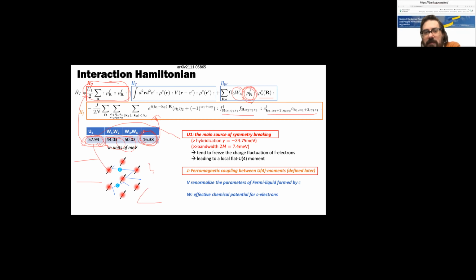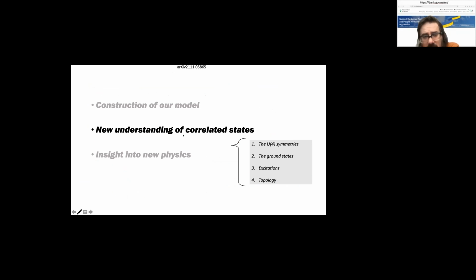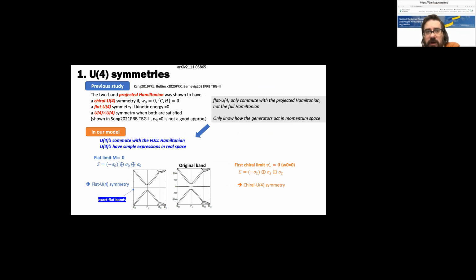And this is a ferromagnet in a large U4 space. So it's actually a ferromagnetic coupling between U4 moments, which will be defined very soon. And the parameters are these. This is the hybridization between the F and C electrons, and the Hubbard U is the most important F and F interaction. So armed with this, we can now understand the correlated states.